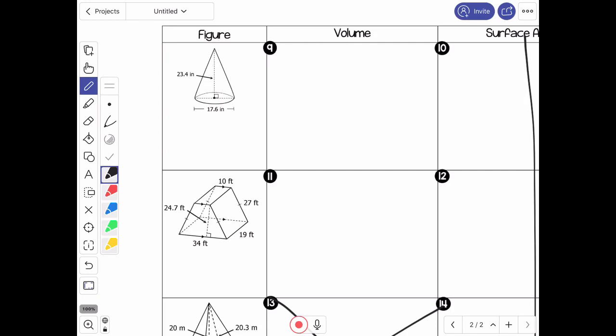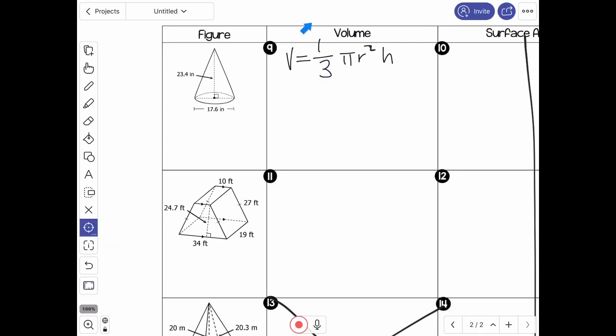For number 9, 9 is a cone, so the cone's volume is similar to the pyramid in that it's 1/3 times pi times r squared times the height. Okay, it's that same idea of a third mixed in there.